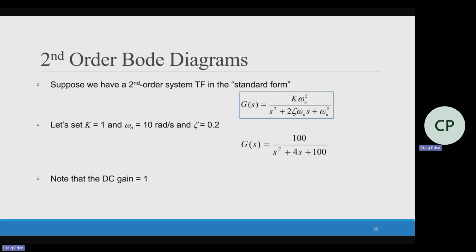We won't really be using it, but the standard form is on the equation sheet. You always want to put it in standard form, and then we'll talk about what that means for the Bode plot. For example, if I have this in standard form, we can see that the DC gain is equal to 1 if I set all the s's equal to 0. Therefore, my starting point on the log scale would be 0 decibels if it is at unity.